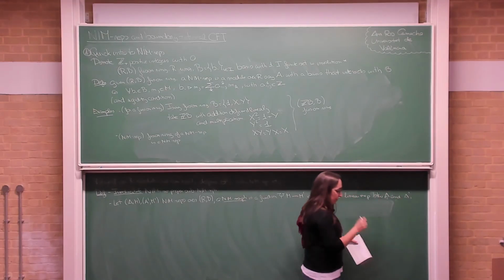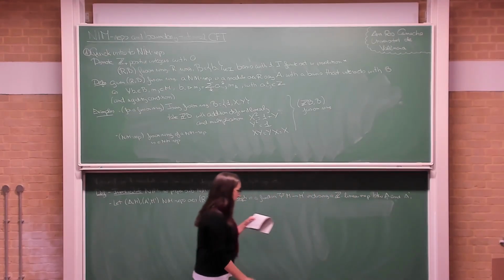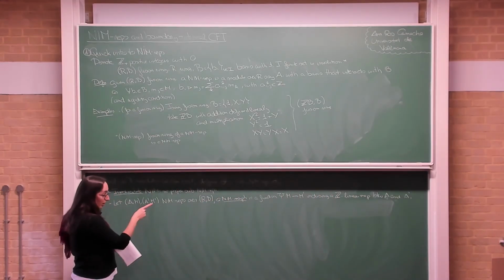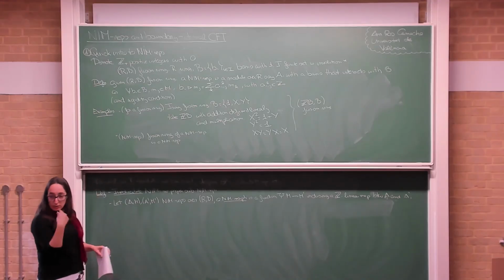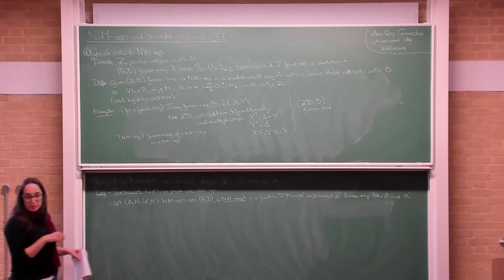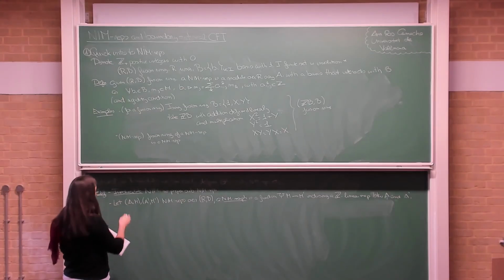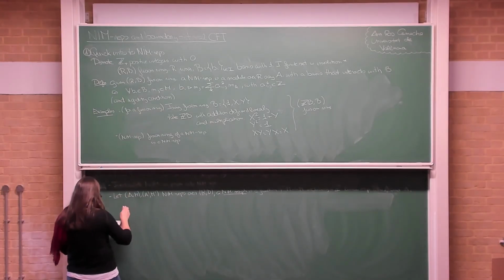Just connect the bases, and the module will follow behind. And if this function is a bijection, then you have an isomorphism of NIM-reps, a way of identifying them.